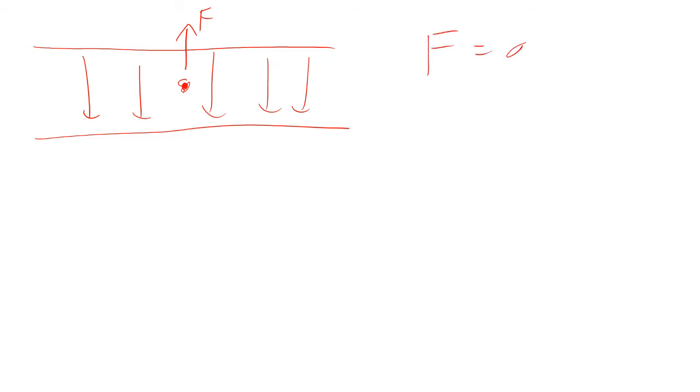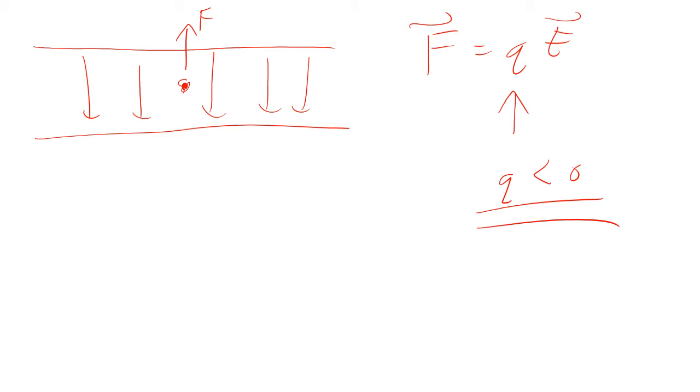So F equals QE, yes, but this is really a vector sort of thing here. So what that means is that since the E vector is down, the F vector is up, that implies that Q has to be negative. So it has to be less than 0.